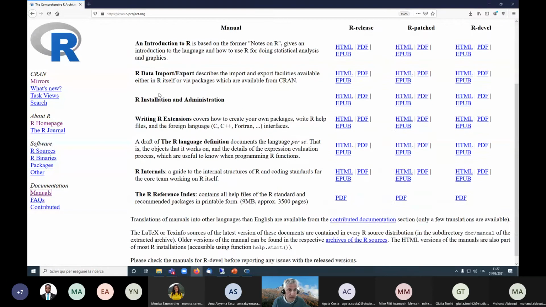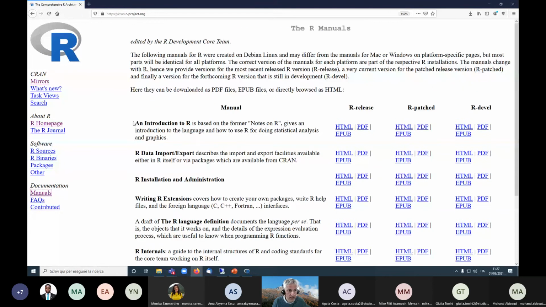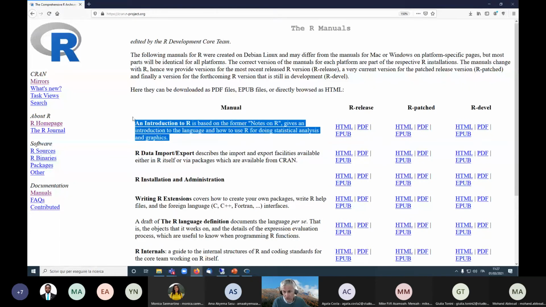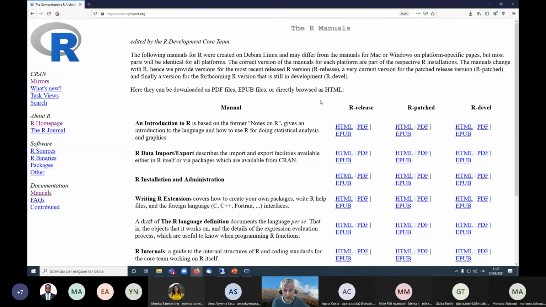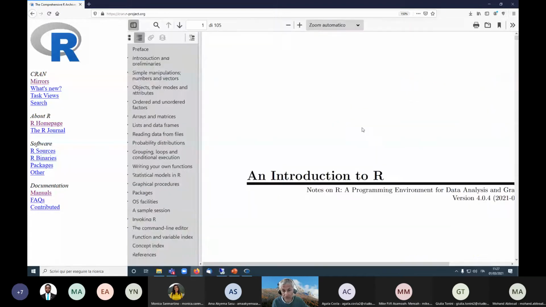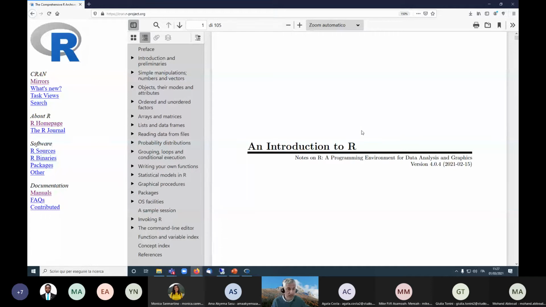Here you see manual, an introduction to R. This is extremely useful. So if you want to get some support for training, I suggest that you download this. And you can just focus on the R release. For instance, I open the PDF, and here you see this guide.